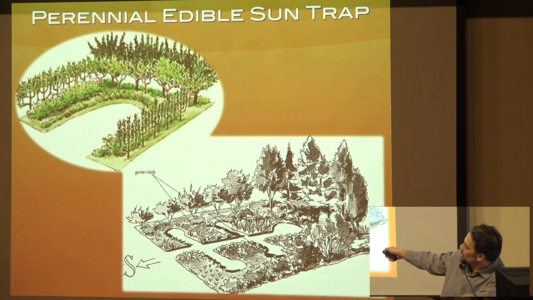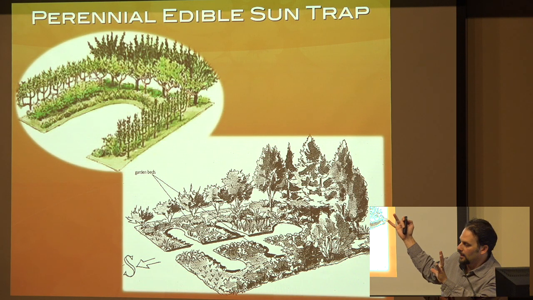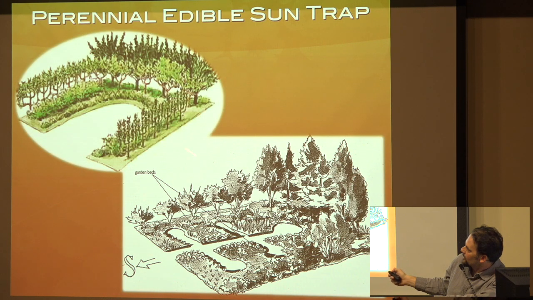And then here in the middle, that low winter sun is hitting all these trunks and actually concentrating light in the center. It's the same thing here. These are little keyhole gardens. But the arrangement of these trees, the architecture of the plants, is actually concentrating light in the center, and then you might have a pond or a lawn or an annual vegetable garden. Like here, there's an annual vegetable garden in the center of this solar arc.